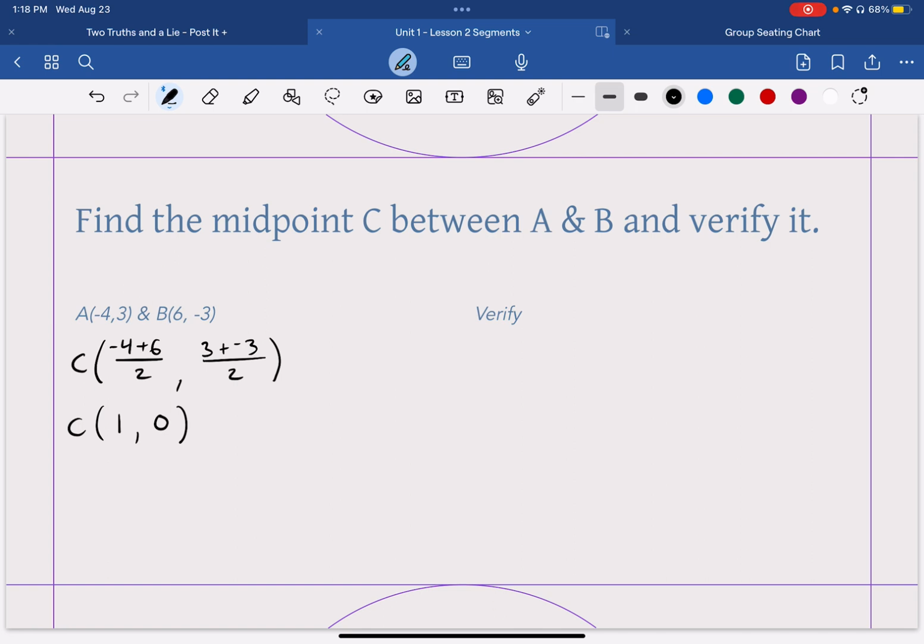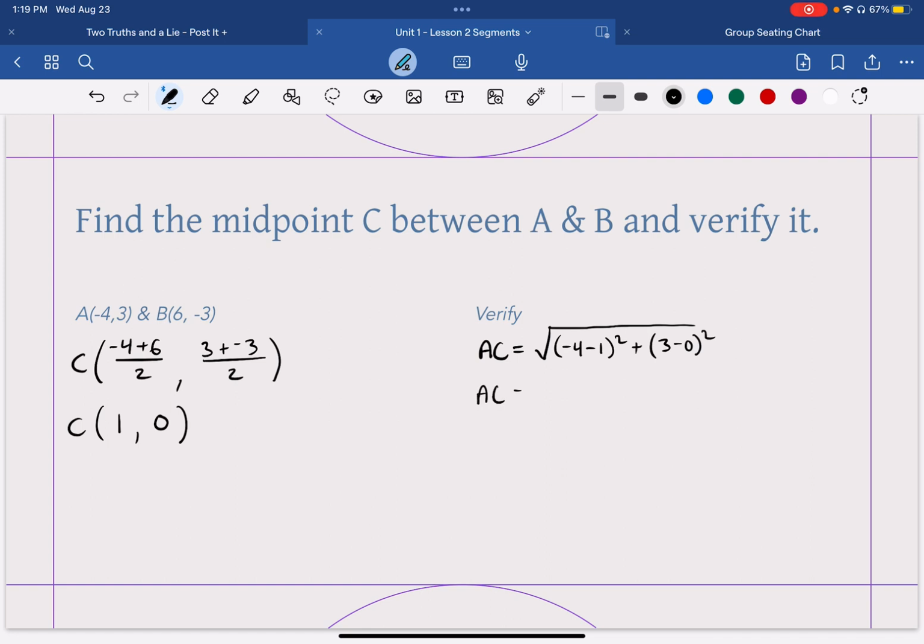Now let's look at AC. The distance of AC is going to be essentially the x's. So we're going to go from A to C, so we have negative 4 minus 1 squared plus the y's, 3 minus 0 squared.